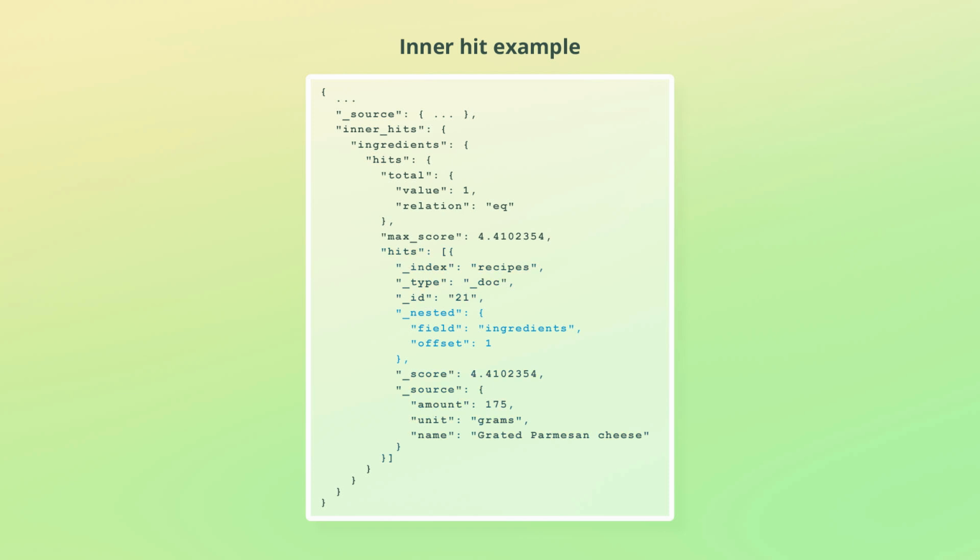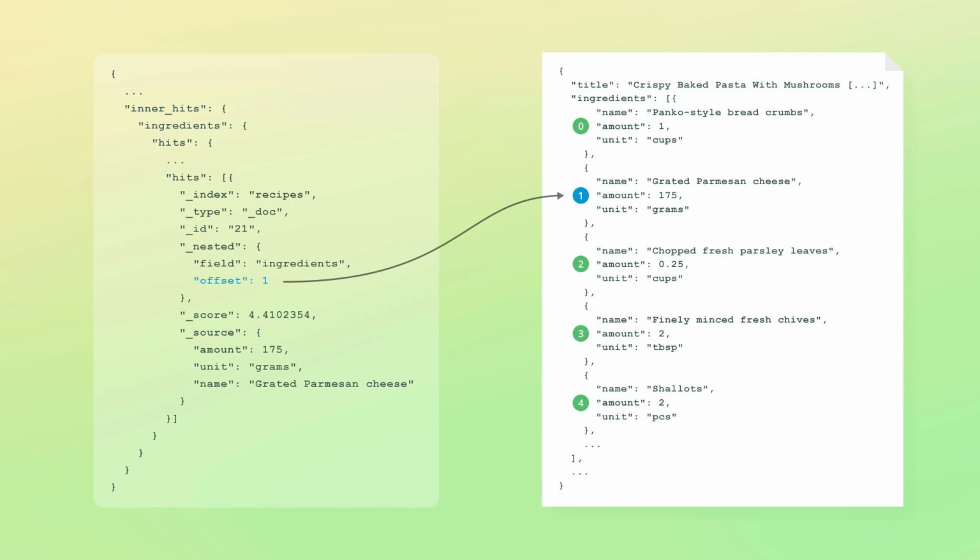The _nested key contains information about the nested object that was matched. Most interesting is the offset key, which defines the nested object's offset within the parent document's _source objects. You can also think of this as the index within an array, which you may be familiar with from various programming languages.